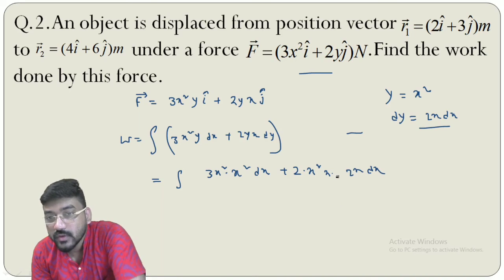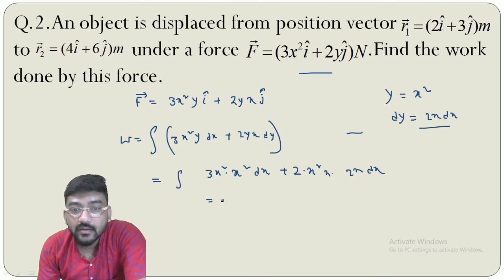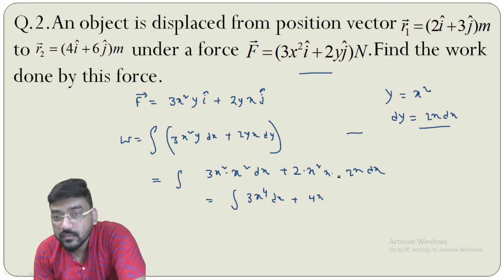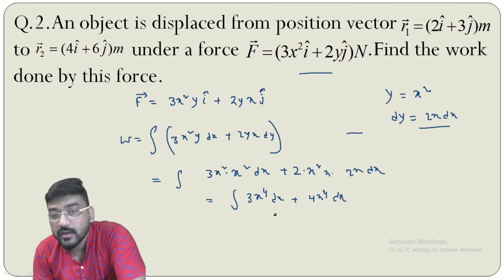So 2 into x square into x, you will get here 3x to the power 4 dx plus 4x to the power 4 dx. You will get it in this kind of situation.